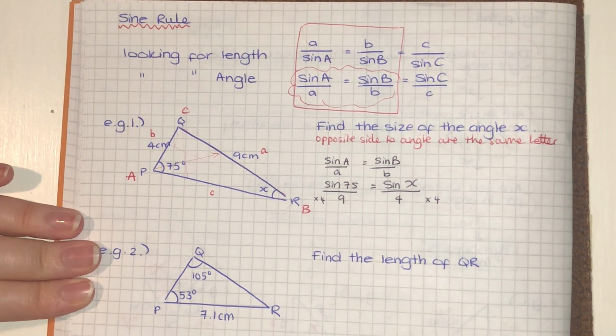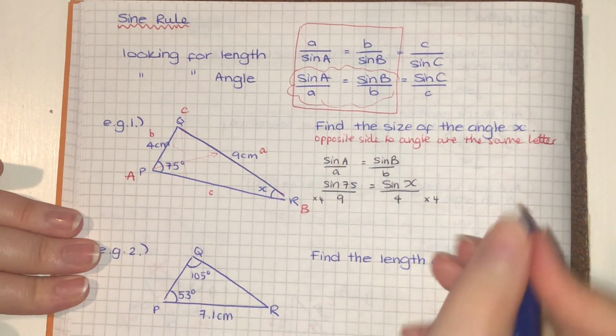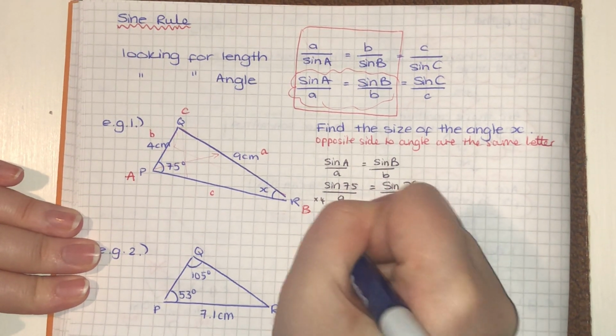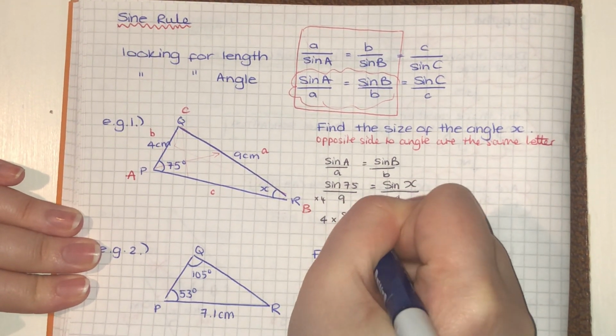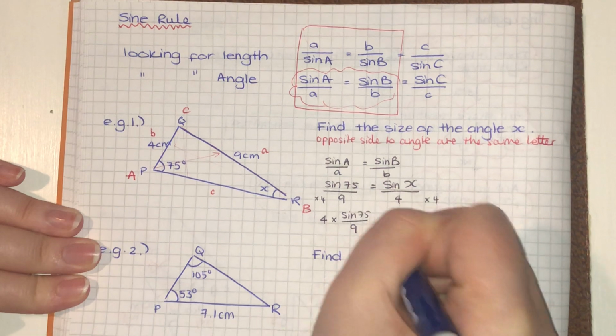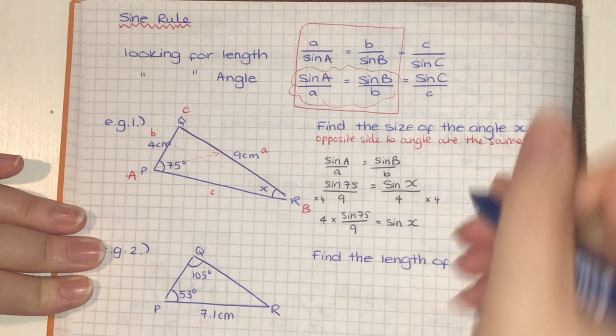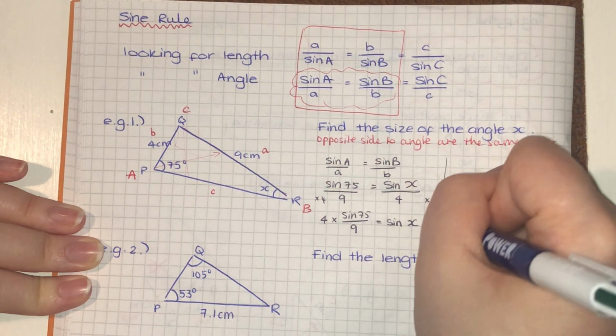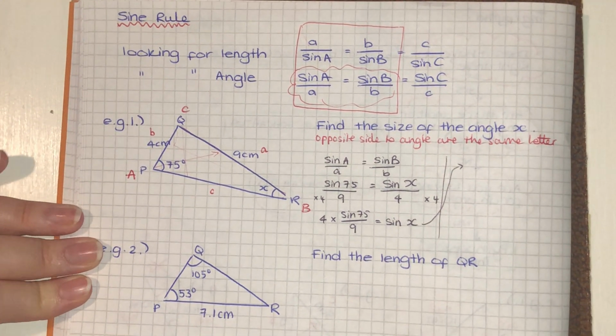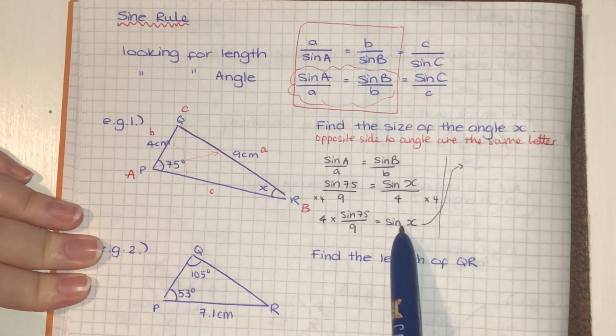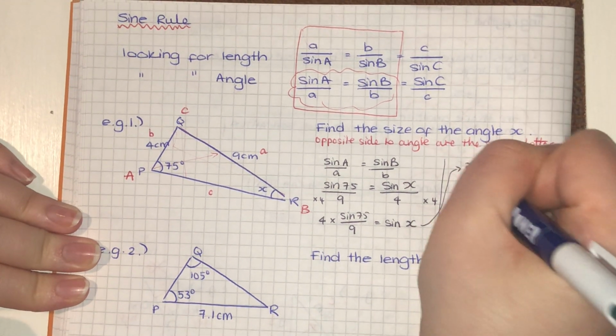Now, I'm not going to put anything into a calculator until right at the end. So I'm just going to write 4 times sine 75 over 9 equals sine of x. I'm just going to draw a line and then an arrow. Now, from this point, we don't want sine x, we just want x on its own.